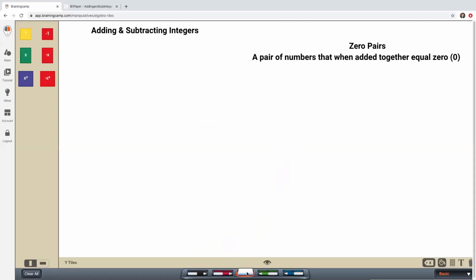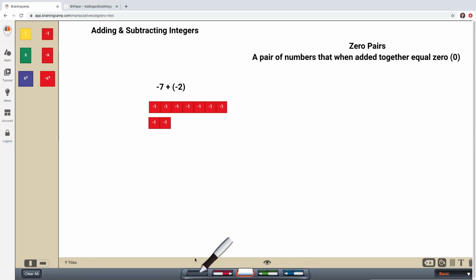We'll start with the adding. So next up, I'm going to add -7 plus -2. So I'm going to go ahead and build -7. And I'm going to combine -2. Now, I can't make any zero pairs because I have no positive numbers.